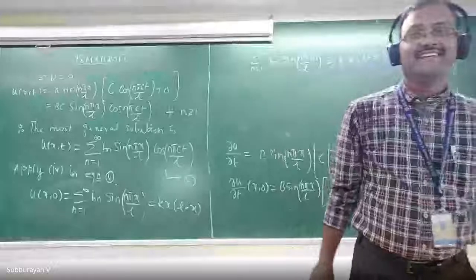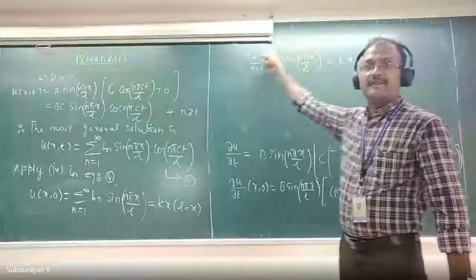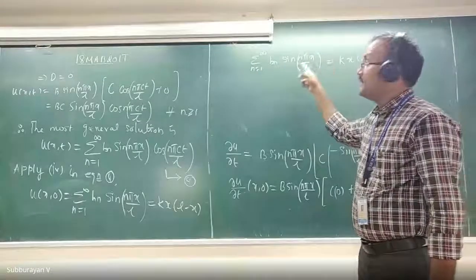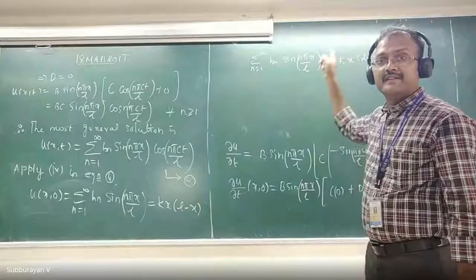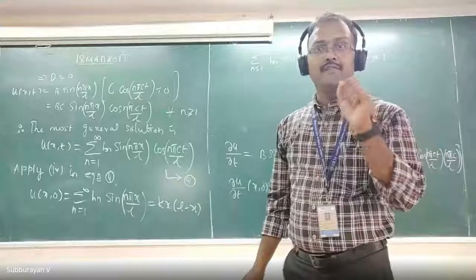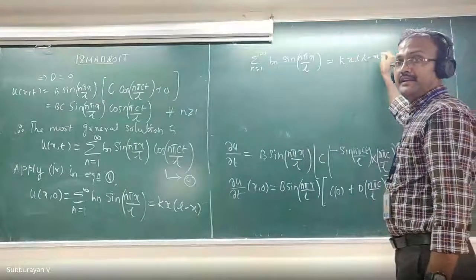Okay, forget it. See, this is a sine series expansion of the function. The left hand side is the sine series and the right hand side is f of x. That is the half range sine series expansion of the function kx into L minus x.